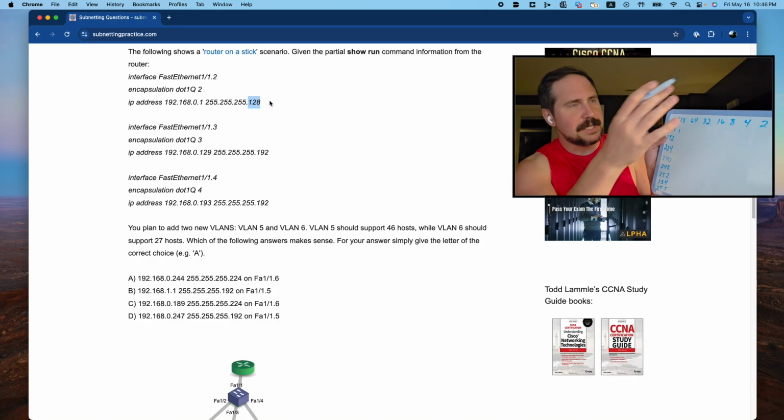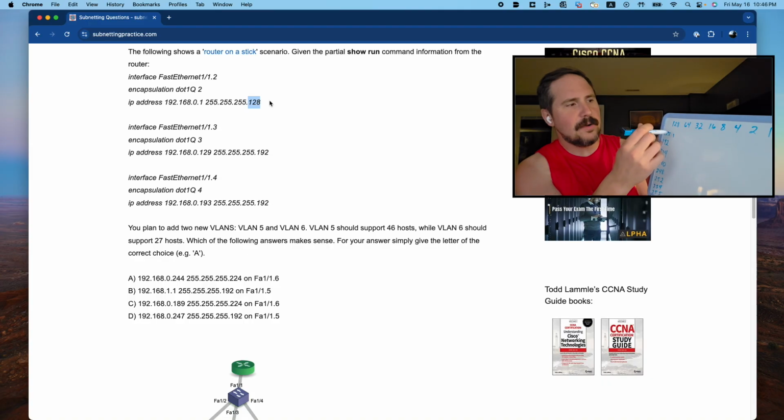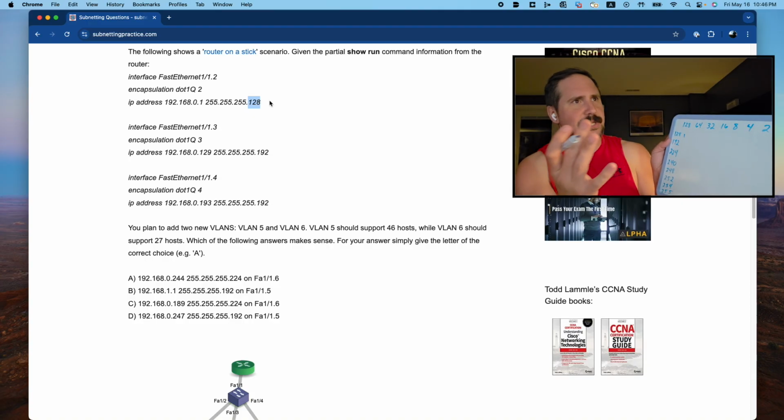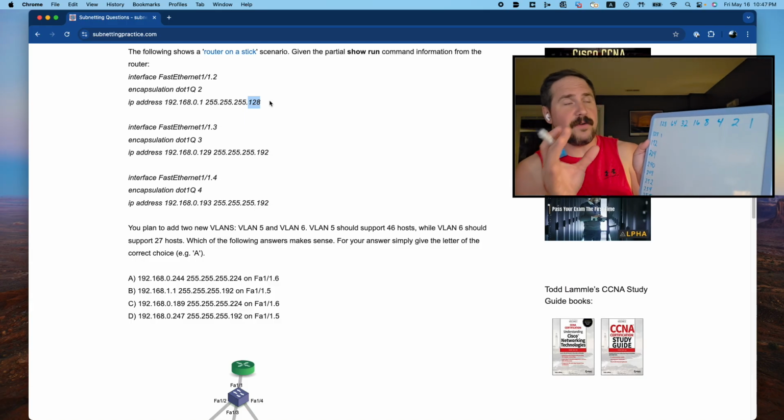Down the left side, I have a subnet mask that I can use, and it's already given to me in this case. Along the top are the ranges, or there's probably a better term, the block size of hosts.